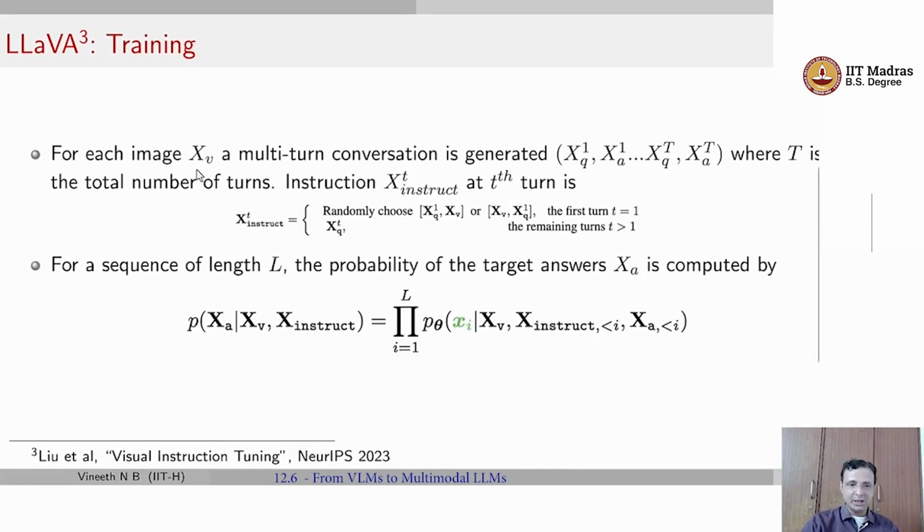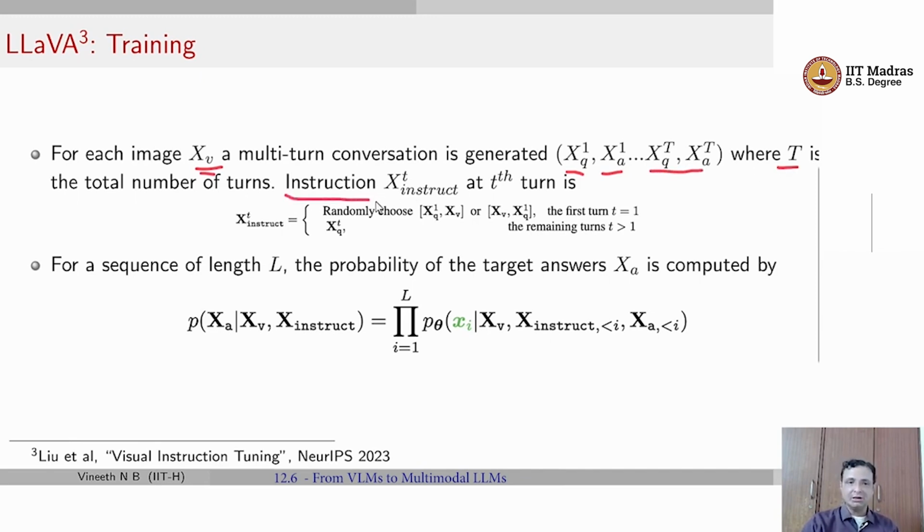Then for each image, they generate a multi-turn conversation which can be denoted as Xq1, Xa1, that's a question and an answer, the first one. Then you would have Xq2, Xa2, the second question and answer, and so on until T questions and answers, where T denotes the number of turns.